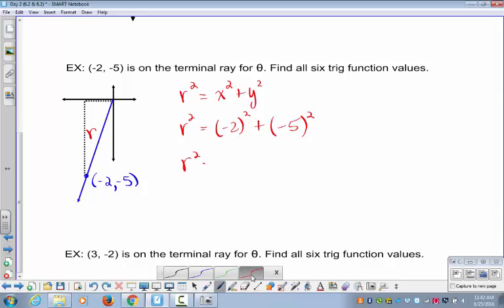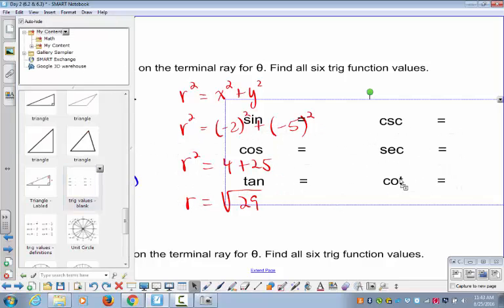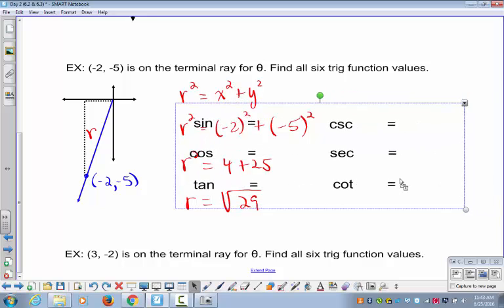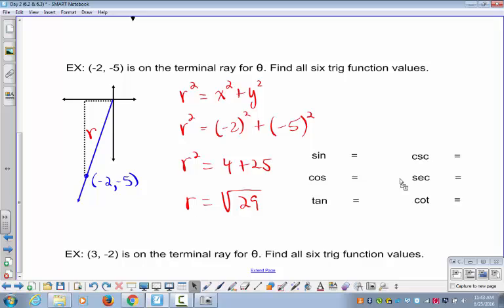So our radius squared will be 4 plus 25, which is 29. So our positive number, so we don't have to take the negative square root, it's positive, root 29. So we can now find the trigonometric function values, all of them, for this angle.